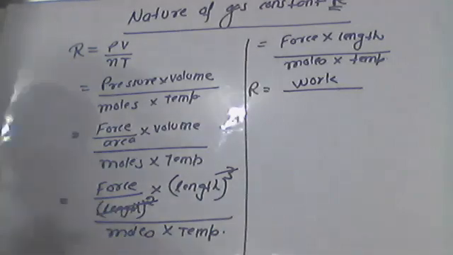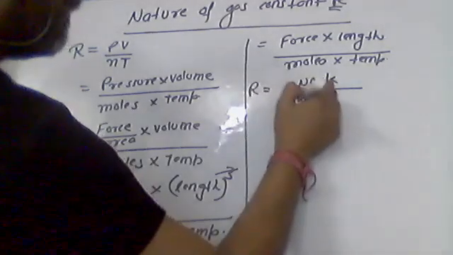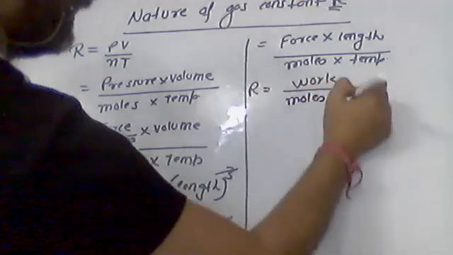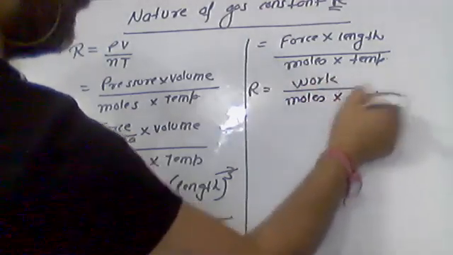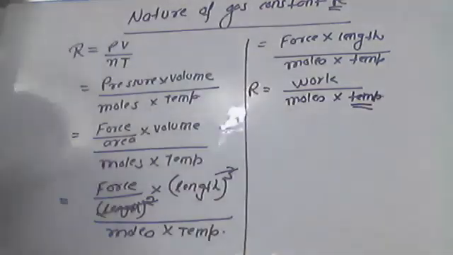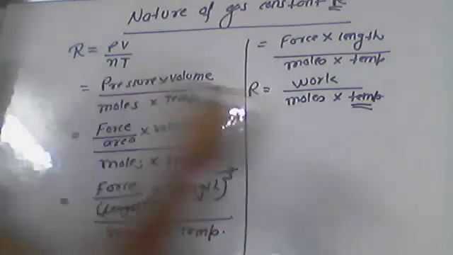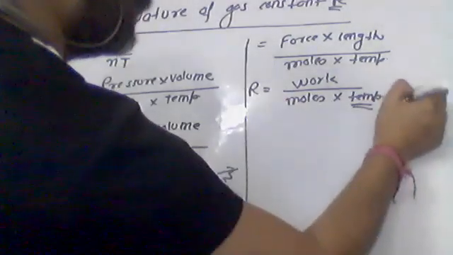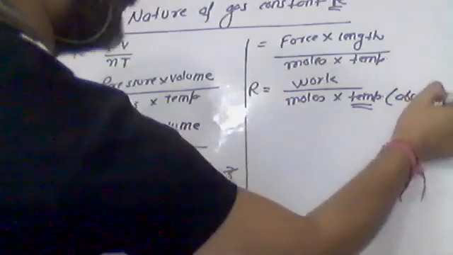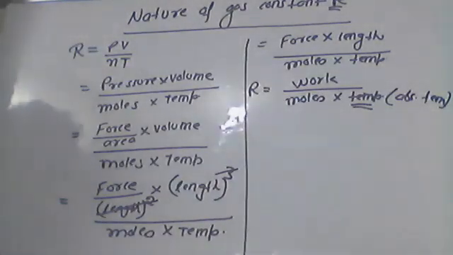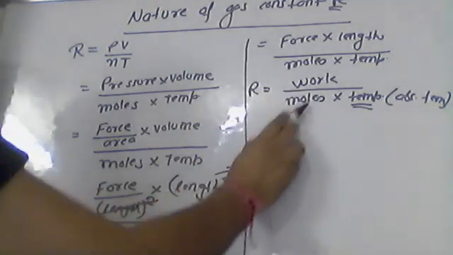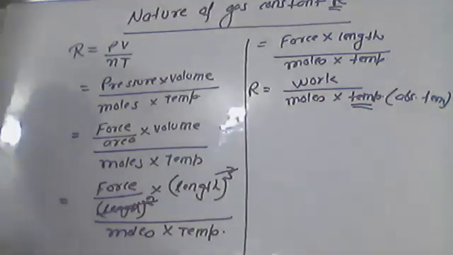So work is divided by number of moles into temperature. This temperature has to be specified. It will be absolute temperature, that is temperature in the Kelvin scale, as we did in Charles' law. So R is equal to work over mole into temperature, and the temperature should be absolute temperature.